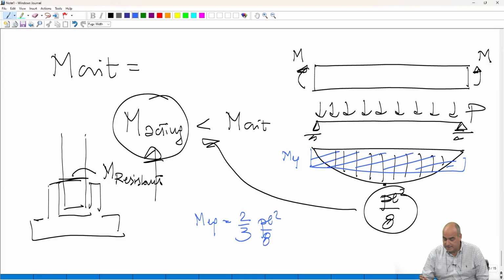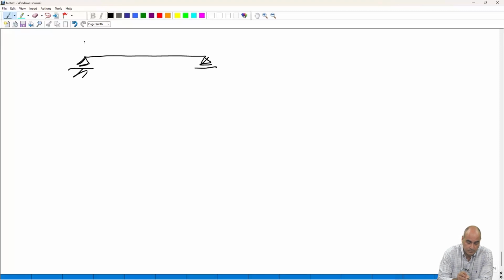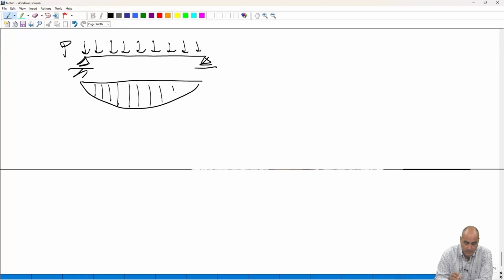Another way of doing things is I have my structure here. This is P. This is the bending moment here.